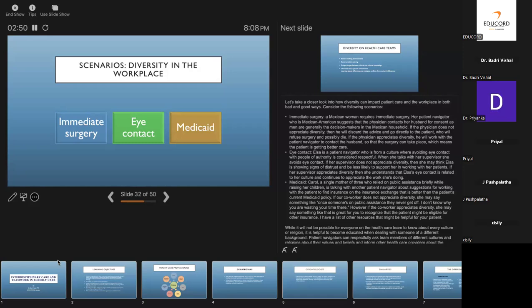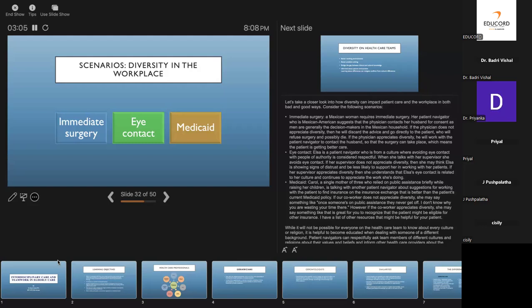Sometimes when we are talking to our seniors or our respectables, to our parents also, we do not have that eye contact. It is out of respect.